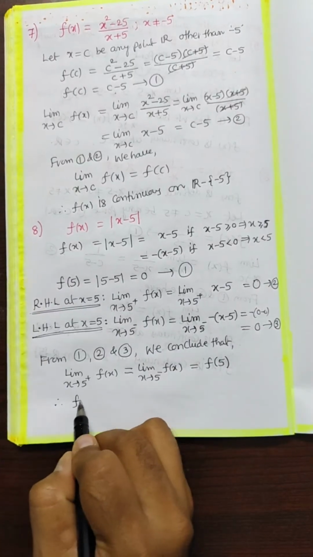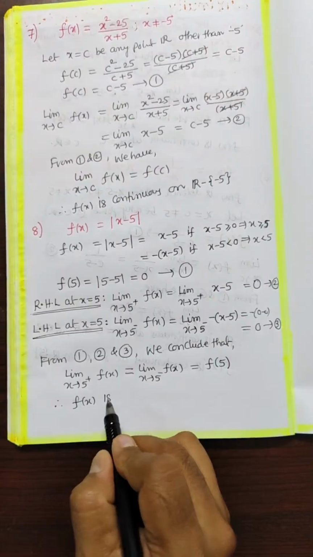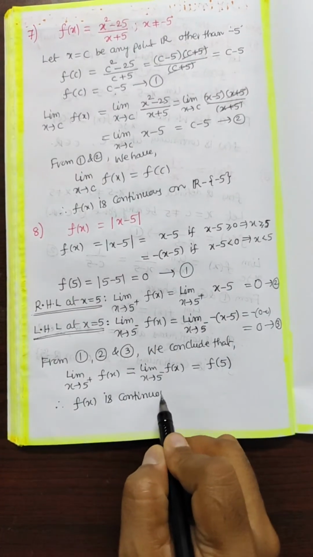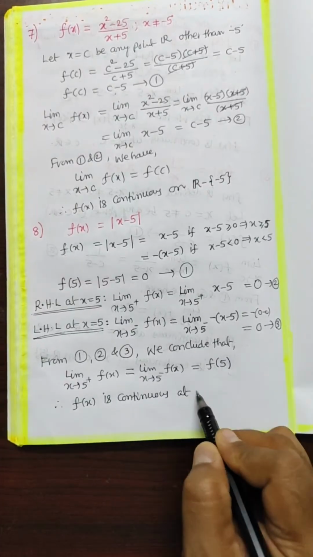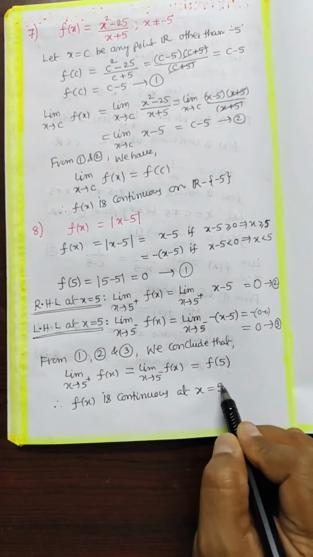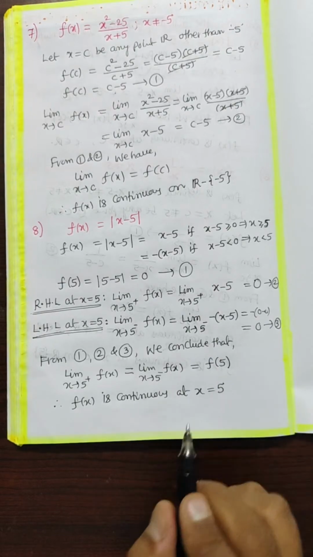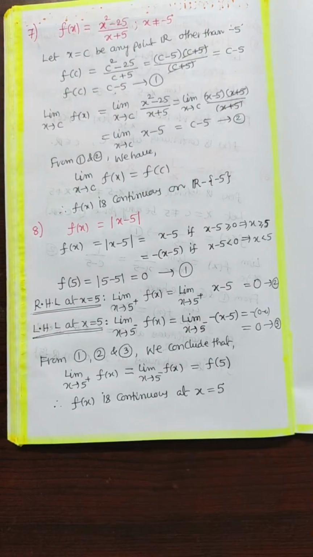Therefore, f of x is continuous at x is equal to 5. Okay, dear students, at x is equal to 5 the function f of x is continuous.